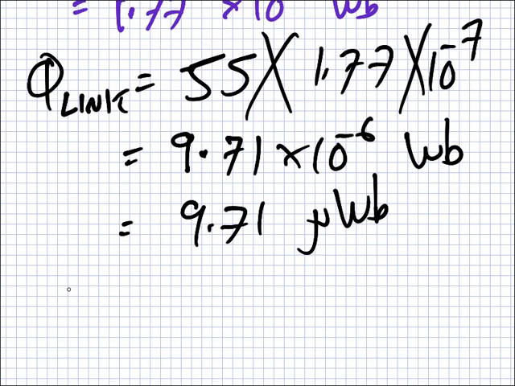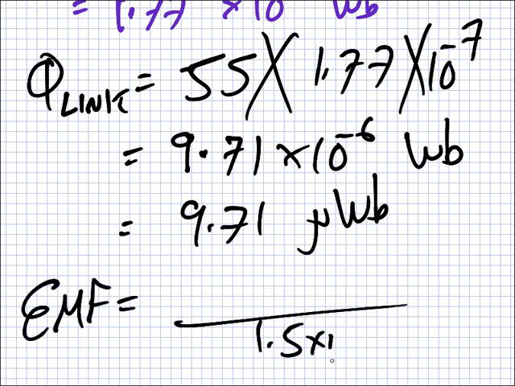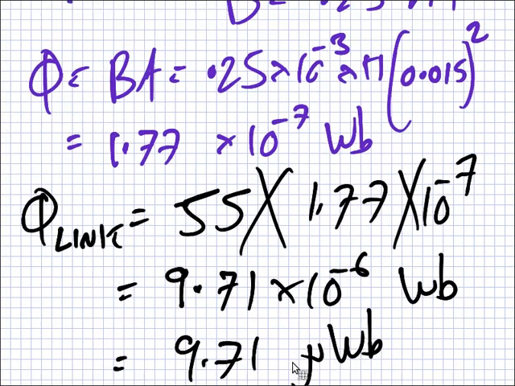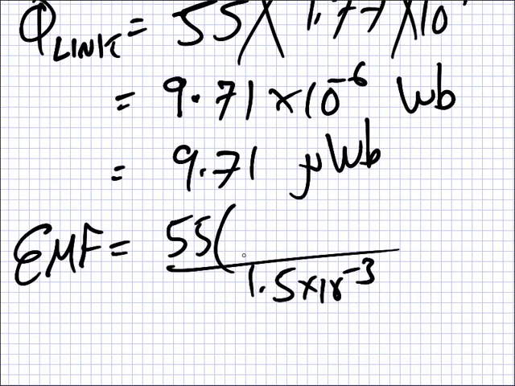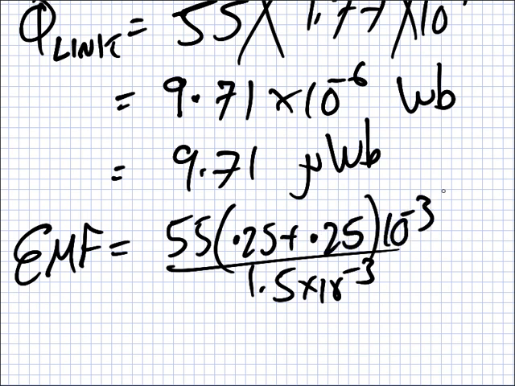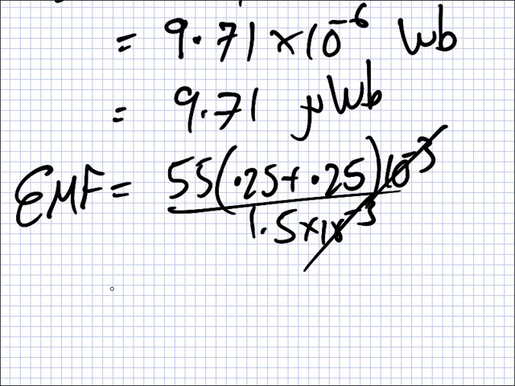If the magnetic field was suddenly reversed in direction in a time of 1.5 milliseconds. 0.25 millitesla, isn't it? Be minus, minus is plus, and also the milli I can take out and cancel it with that. So I end up getting 55 times 1/3 basically.